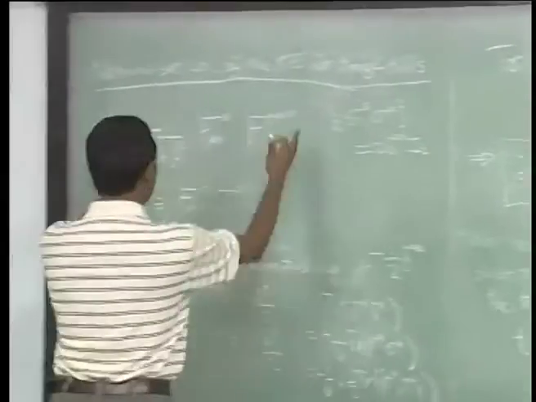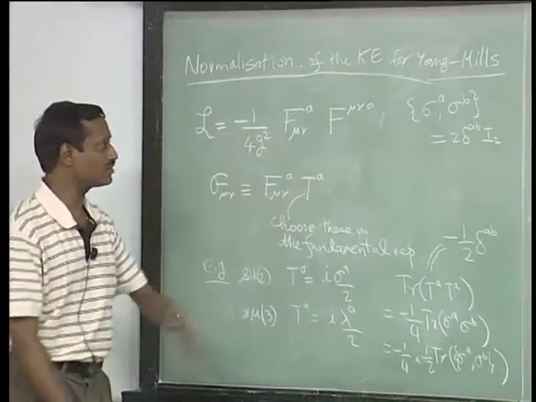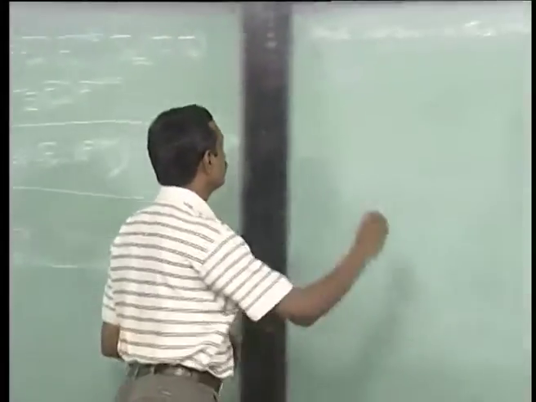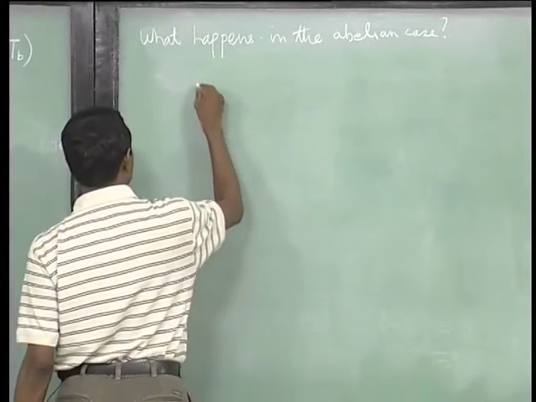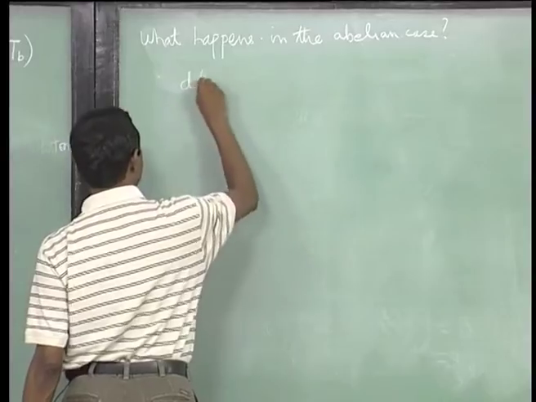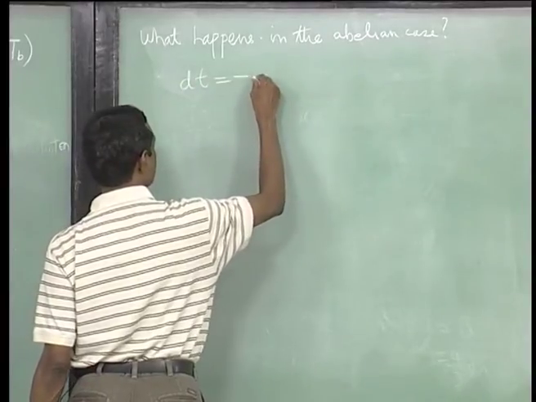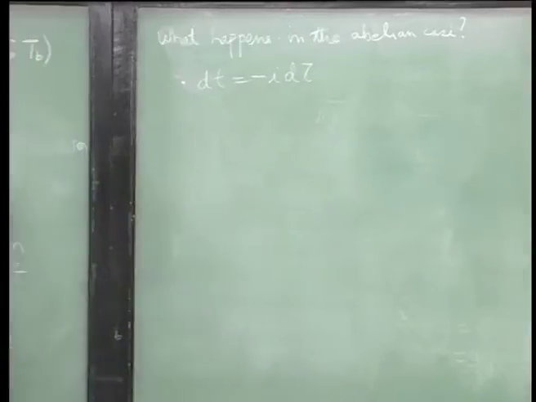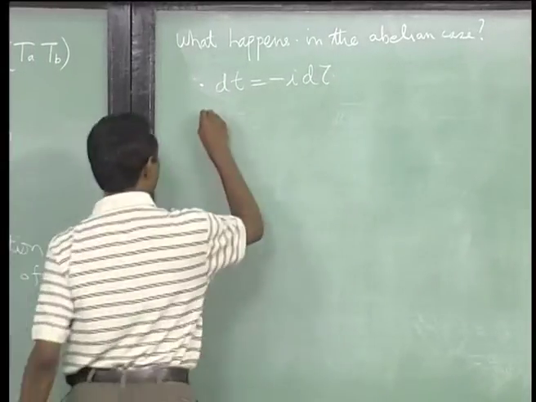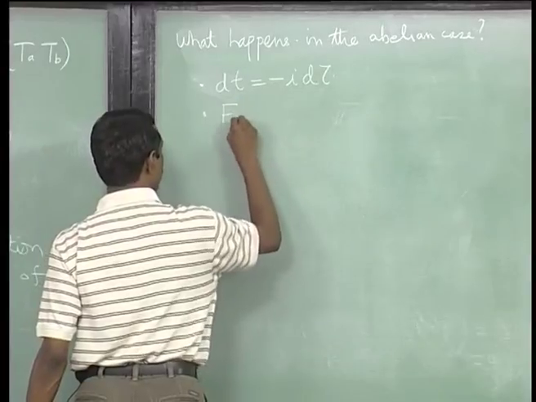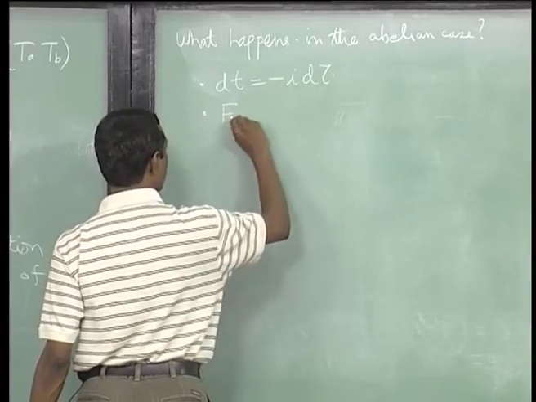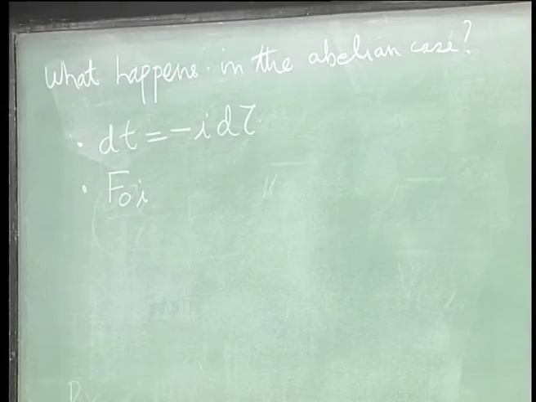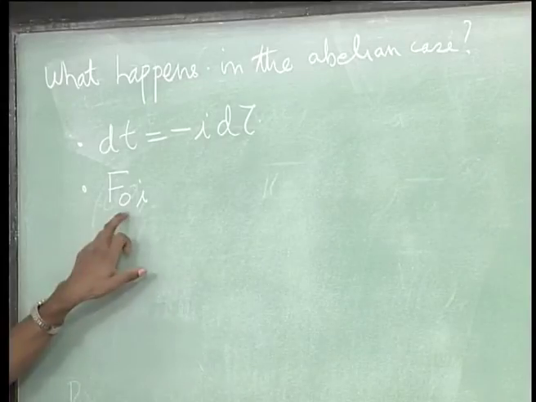So the action is still the same, but there are none of these A indices, there are no traces, nothing. So let us see what we need to do. First thing to realize is that dt becomes equal to minus i d tau, that is good. Now what happens to F mu nu? F mu nu can be broken up into two parts. There is F 0 i, which is the electric field, and so that has a derivative.